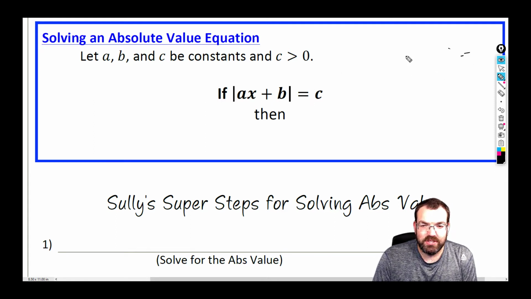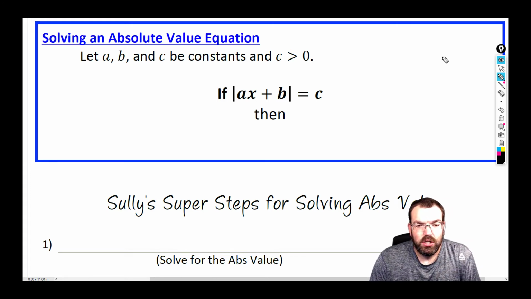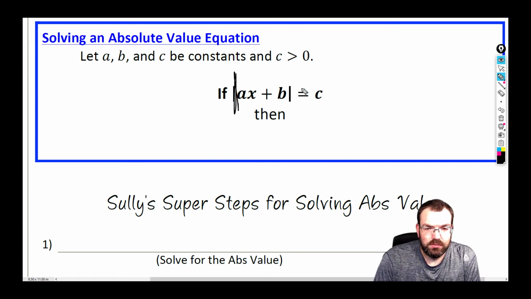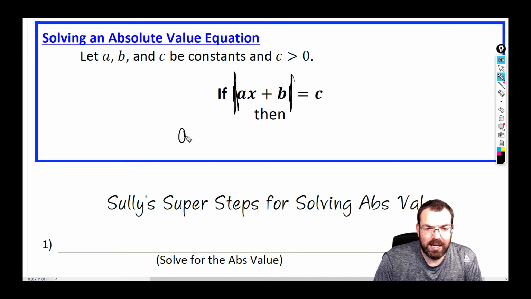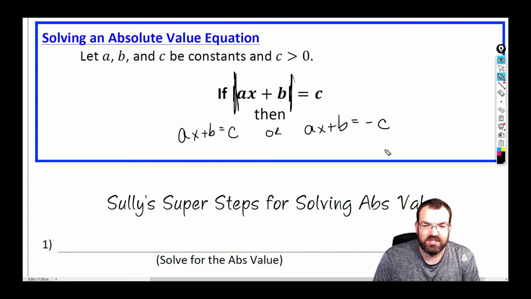Now, there's some instances where it could be negative, and you're going to be like, well, you just told me it couldn't. You got to explain, okay? We'll get there. So if the absolute value of ax plus b is equal to c, then we get ax plus b equals c, or ax plus b is equal to negative c.